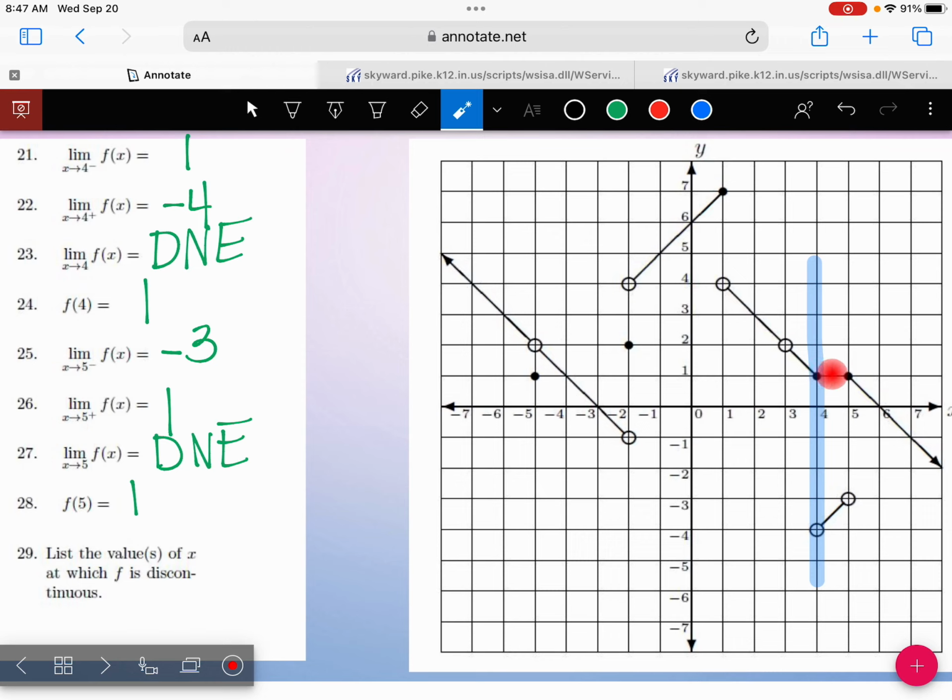So for 24, the answer is 1. And then at 5, that's this pink line. On the left side, which is right here, that would be at -3. On the right side is at +1. These are not connected, so it's D and E. And for number 28, the answer is just 1.